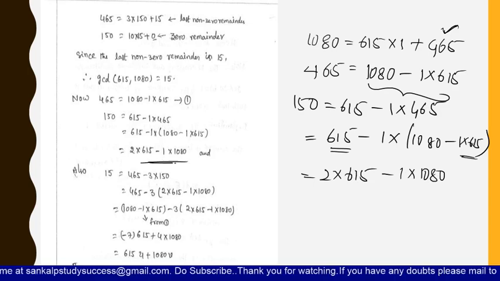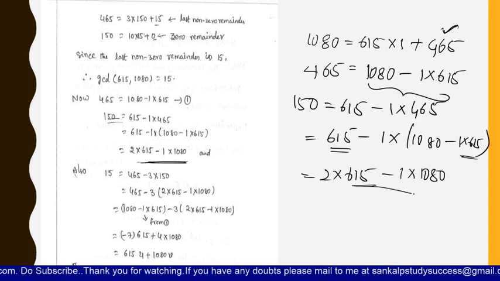Now we got it. We came till the second step, correct? Now consider the third step. 465 is equal to 3 into 150 plus 15. You can write 15 from here as 465 minus 3 into 150. Here, you know what is 150? We just now got it: 2 into 615 minus 1 into 1080.